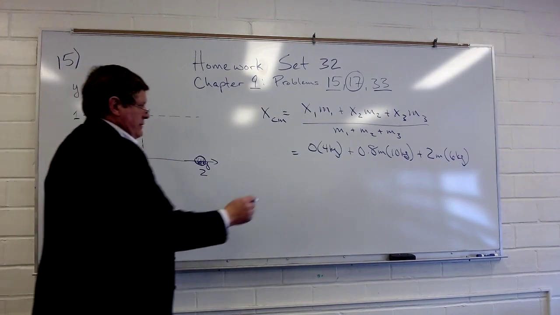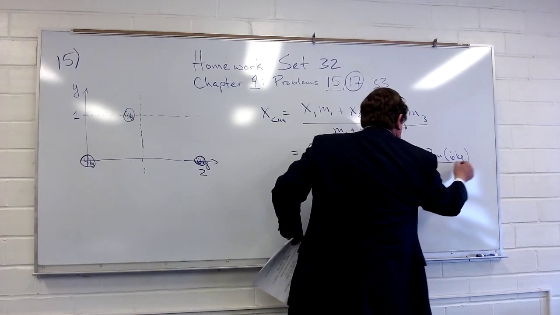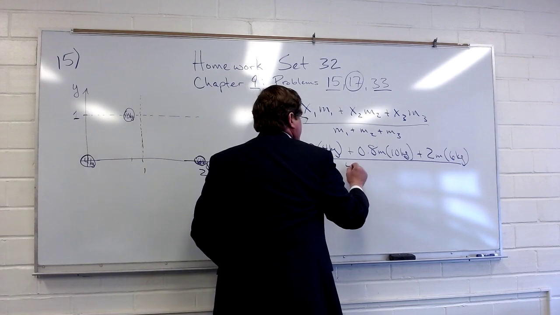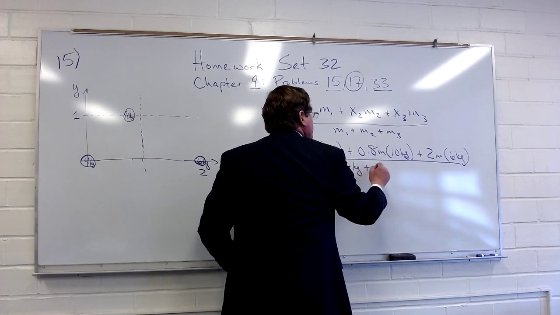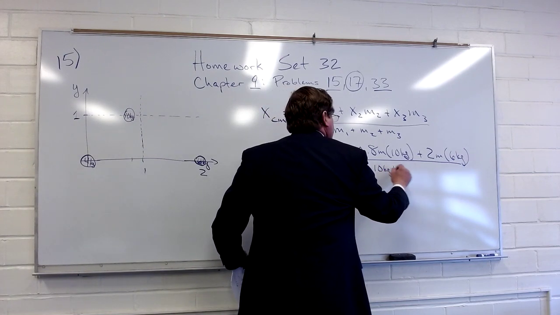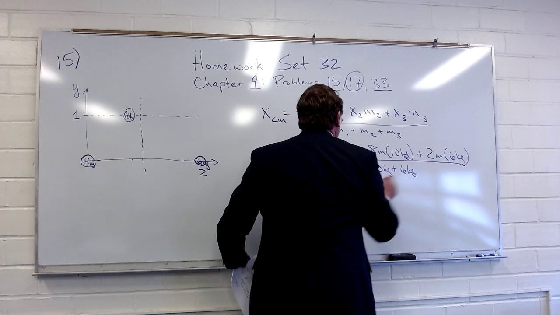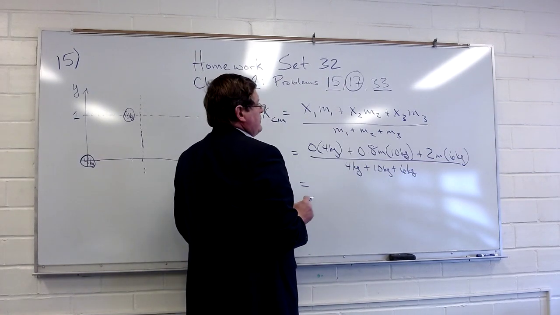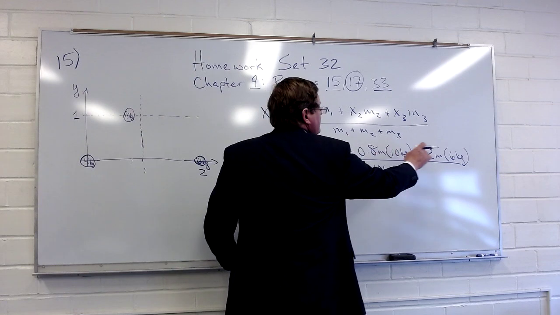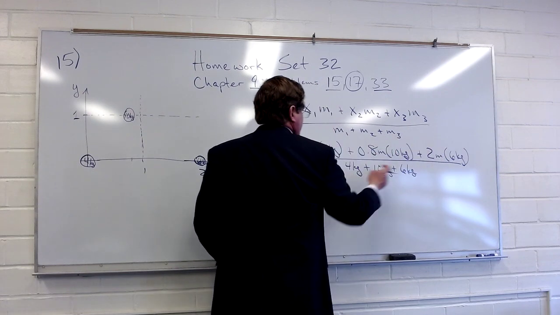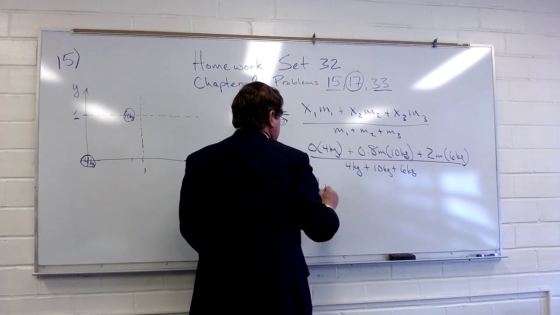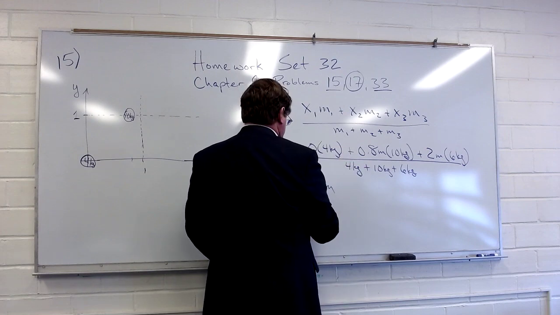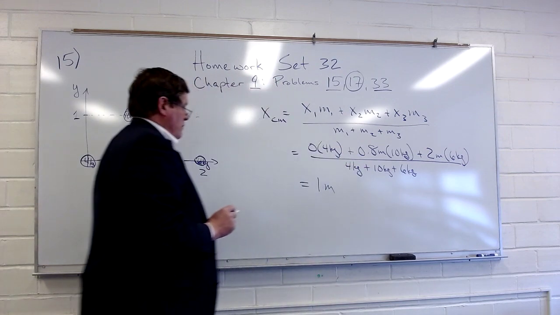And now we have to divide by the masses, 4 kilograms plus 10 kilograms plus 6 kilograms. When I do that, I get 8 plus 12 is 20, divided by 20, that's going to be 1 meter. The kilograms cancel out, and I'll get 1 meter.